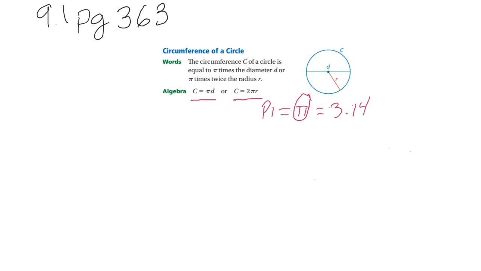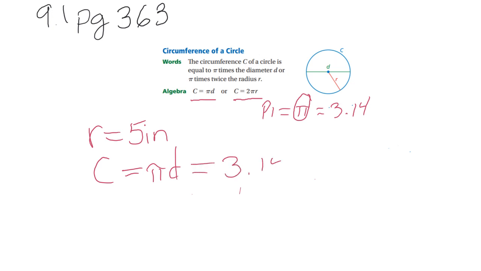Let's say that I wanted to find the circumference, so basically the distance all the way around a Frisbee. And let's say that we knew the radius of the Frisbee was 5 inches. That's the only information that I have. Now, if I wanted to use the first formula, which is C equals pi times the diameter, I could just know in my head, well, if the radius is 5, then that means the diameter is 10. So that would just be 3.14 times 10, right?